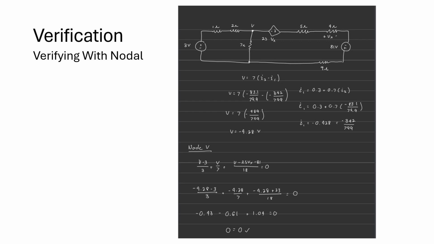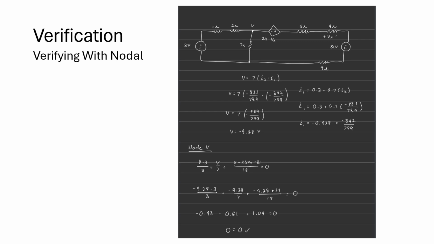Then we plug this back into the equation for V, so we get 7(minus 83.1 over 79.9 minus (minus 342 over 799)), and that simplifies to negative 489 over 799. Multiplying that by 7, we get V equal to 4.28.